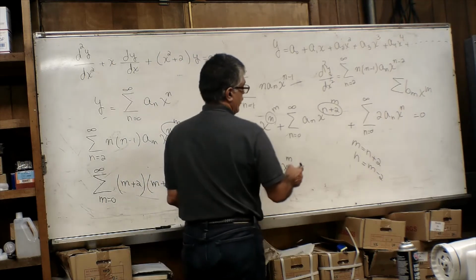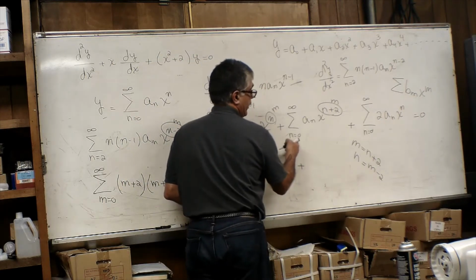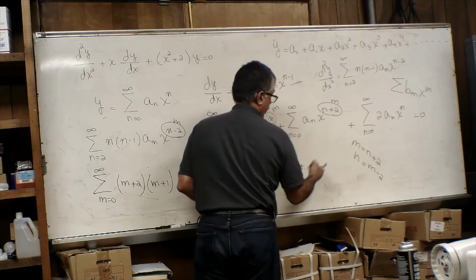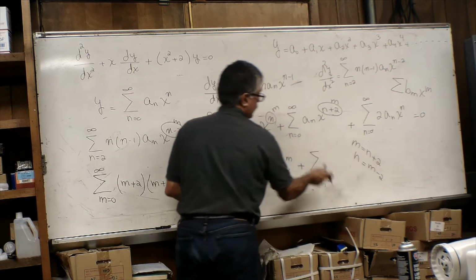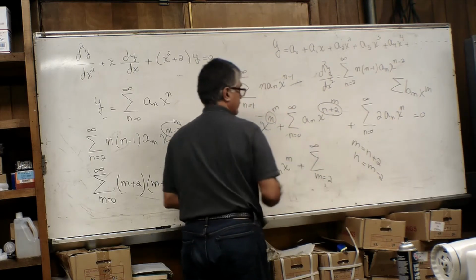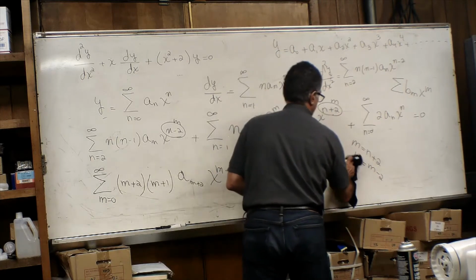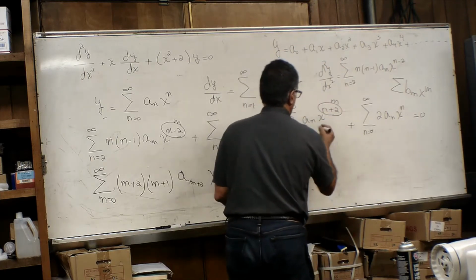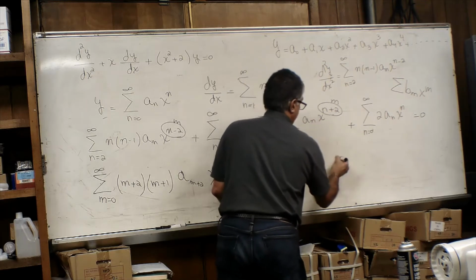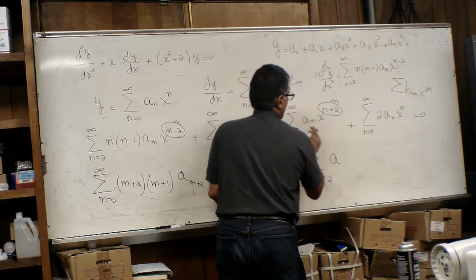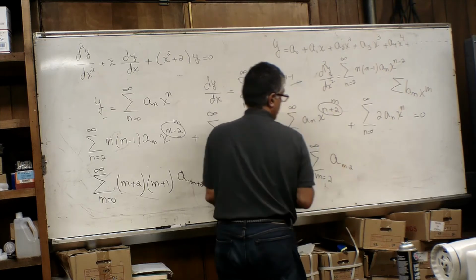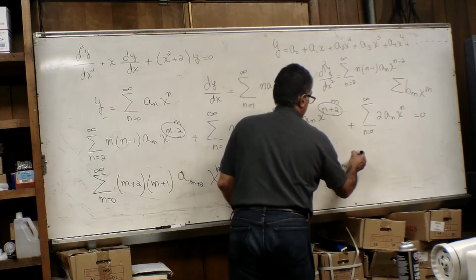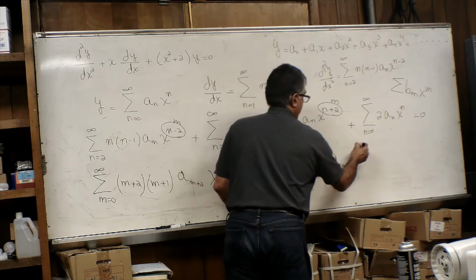So here we have n equal to 0, so our summation will be m equal to 0 plus 2, 2 to infinity of a of m minus 2 x to power m.